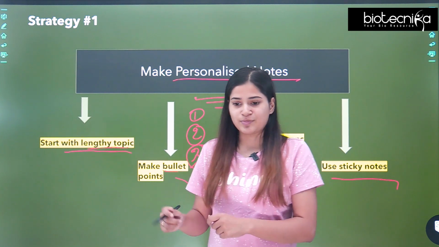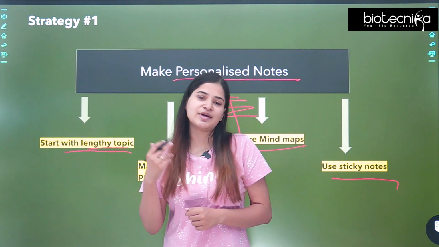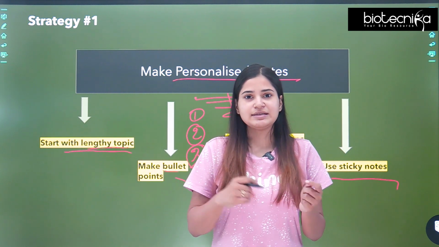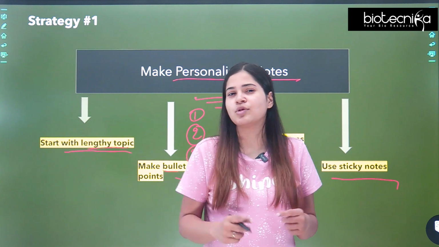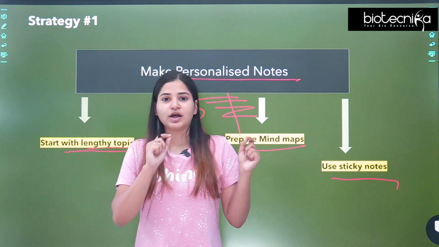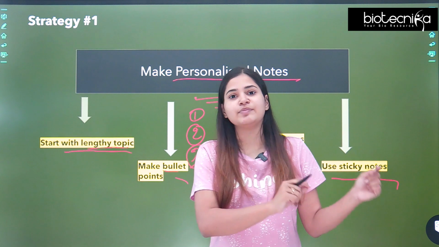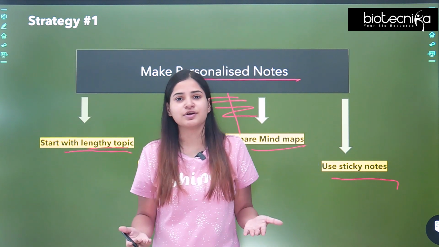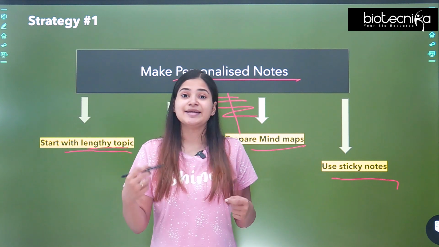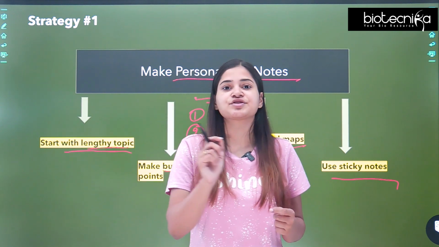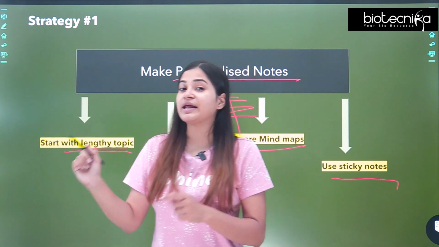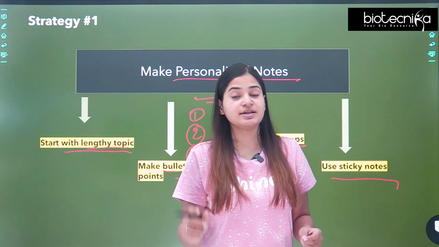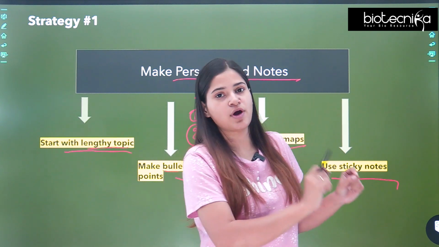But what happens, especially when you are revising, or when you are reading the topic from some other book, is that you will find some points that you haven't mentioned in your personalized notes. You need to mention them too, but you don't have space for it. So in order to gain extra knowledge, and to add extra points that are especially relevant to your strategy and your preparation, it's very necessary to add those points through sticky notes.